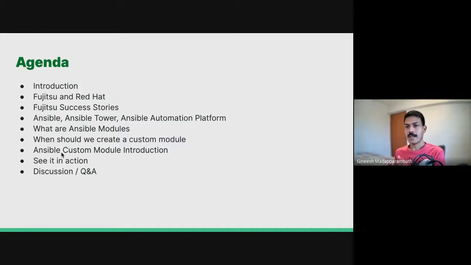Then we will talk about Ansible modules and when we need to create custom modules for our own use cases, and some demo. Like custom modules: how to create them, how to start, where to keep them, all those things, and a quick demo. Of course, we will have a Q&A.